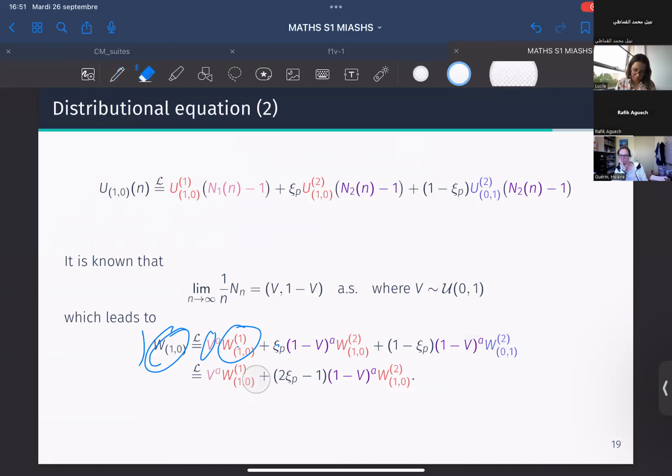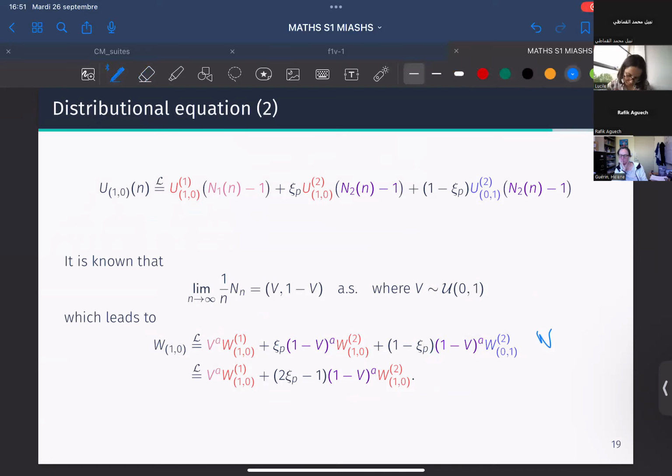And since we know that W10 is minus W01 almost surely, then we can remove this and replace it with minus this one, minus W10.